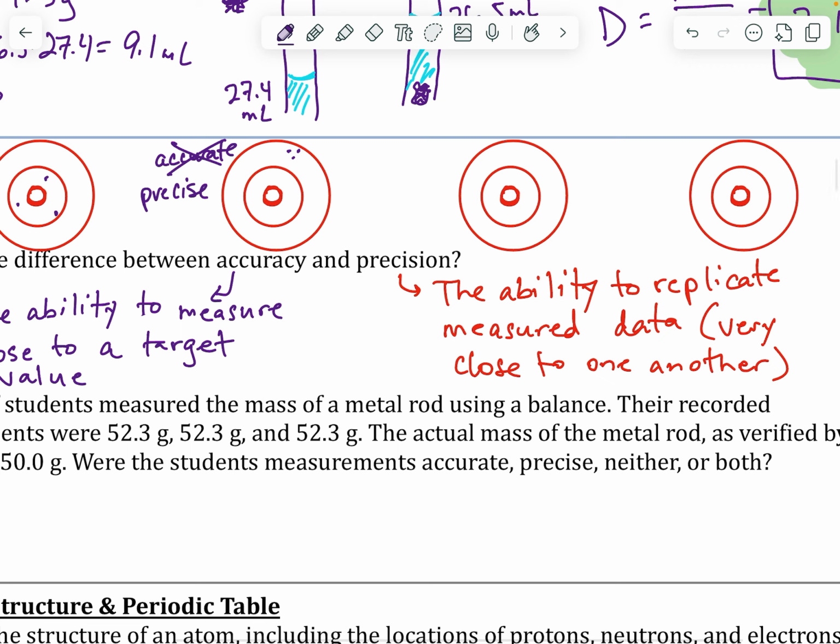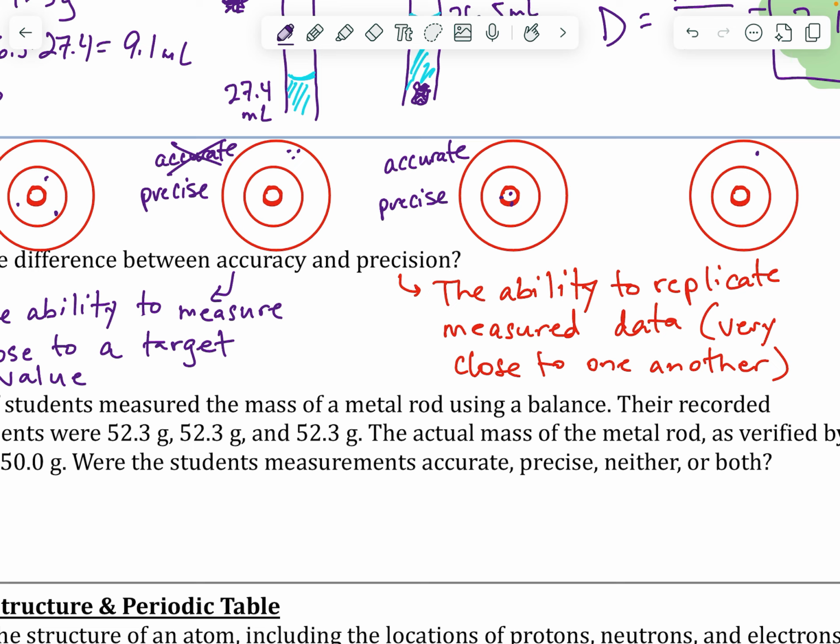And then we do the same thing for both, right? Here's my markings. I would consider this to be both accurate and precise because the values that I have are close to each other, and they are also pretty spot on onto the target, at what we're trying to get to.